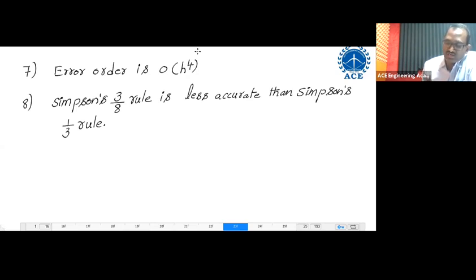The last topic for electrical engineering students is the Runge-Kutta method only. They don't have trapezoidal or Simpson's rule, and ECE students also don't have it. Civil students will have to stay back in the class until the whole syllabus is completed. For instrumentation engineering students, trapezoidal and Simpson's rule is the last topic. Only electrical students can leave.